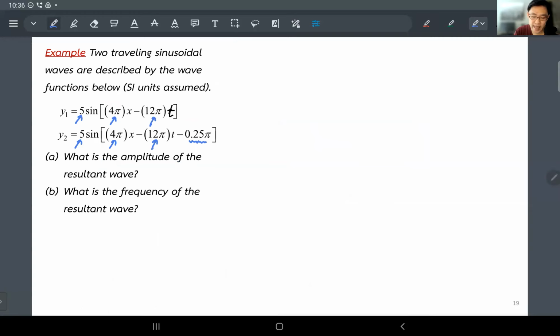You have already seen that, but then you just add these two together. So y, let me call y total, is just going to be, by the superposition principle, just add them together. And you have already seen this is just two sinusoidal waves summed together.